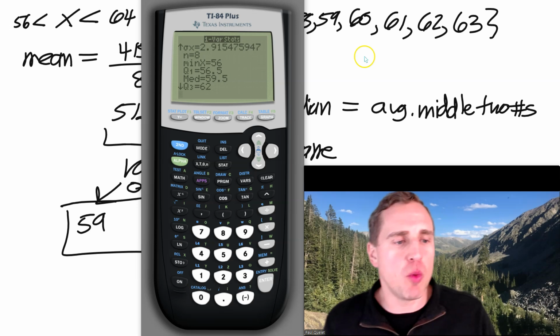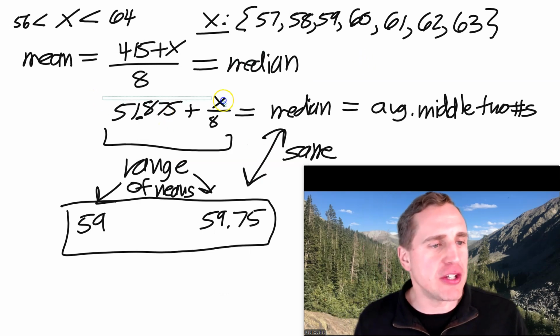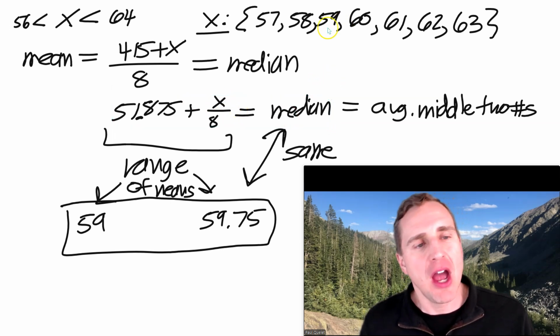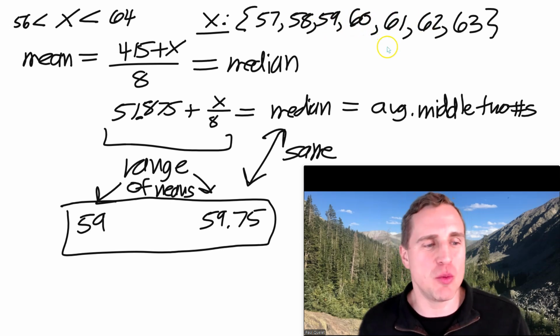So it was 61. Now, if I did want to actually solve this, I thought about a different way of formulating this equation, where x is the unknown value. I already realized that x has to be larger than 57, and I knew it was probably between 59 and 62 or 61, something like that.